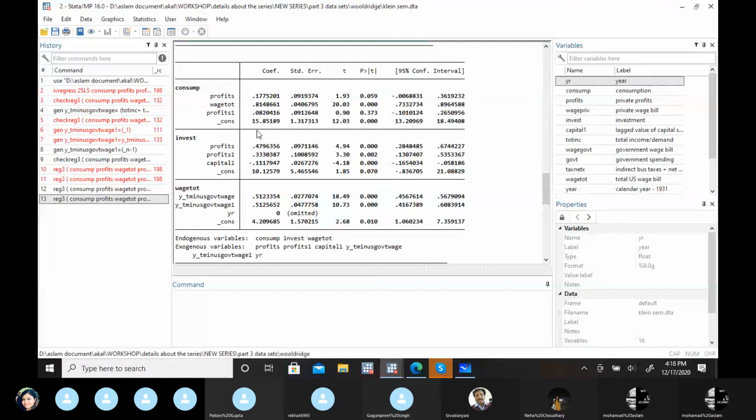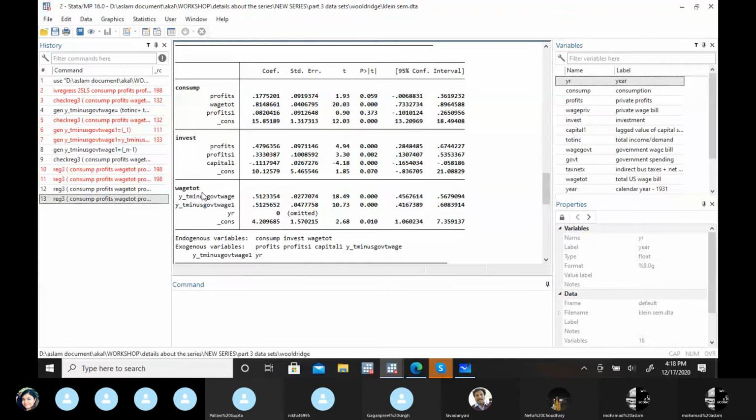In these estimates, the difference is that, for example, in the first equation, this wage is the endogenous variable. This wage is not estimated from the actual wage variable. This wage is estimated from the other variables which are excluded predetermined variables, excluded in this particular equation where the wage variable is there.